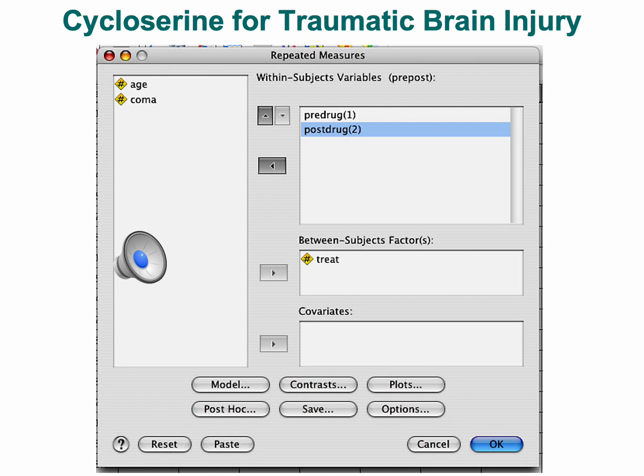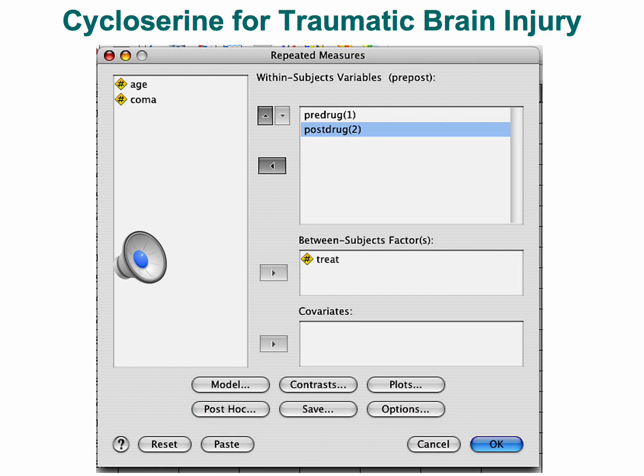So the first thing you do is click on pre-drug as a variable, and click the right arrow to put it in the window there on the right. Then click on post-drug, and click on that arrow again to put it there on the top window on the right, so it looks like it does right here. So that's telling the program that pre-drug and post-drug are 1 and 2 in order for the within subjects factor. They are the within subjects variables.